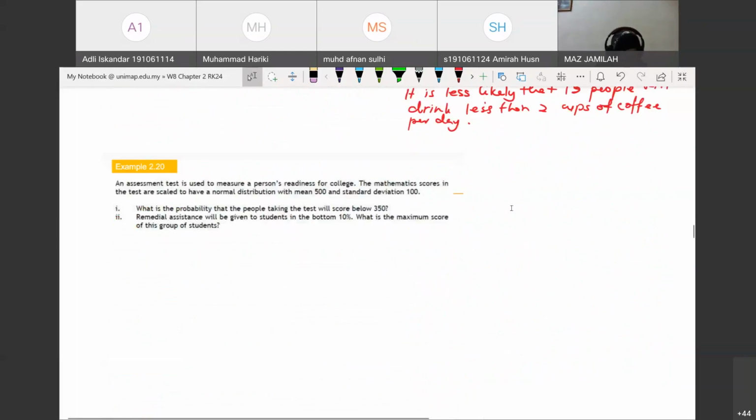As usual, you will have to define what your x is. In this case, your x will be the mathematics score. The distribution is given by the mean of 500 and the standard deviation of 100, so 100 squared. That will be the distribution of your x, the mathematics score.